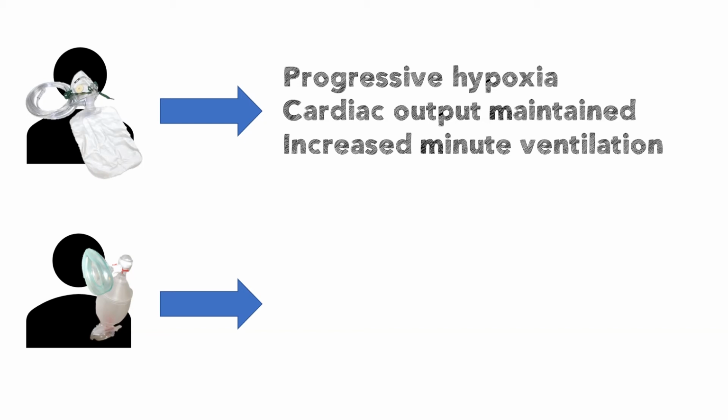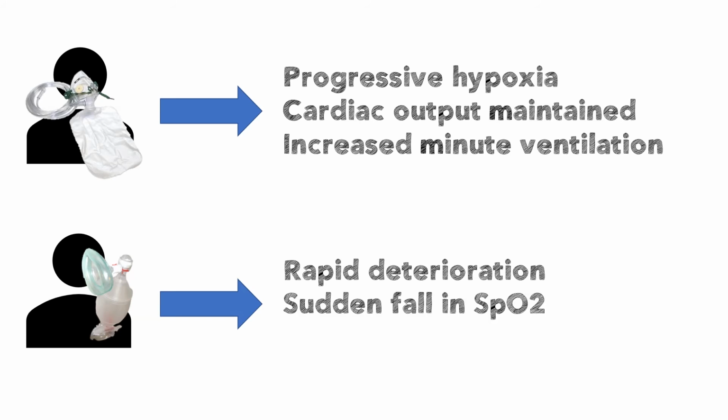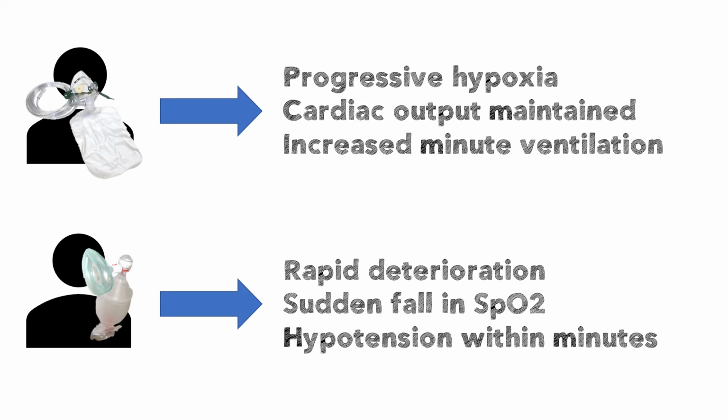And to paraphrase Simon Lee, if you have a hypotensive, spontaneously breathing trauma patient, you should first search for bleeding, because the number one cause of hypotension in a spontaneously breathing trauma patient is bleeding. If the patient's breaths are being assisted by positive pressure ventilation, then they deteriorate rapidly and they might present with a sudden fall in SpO2 and can become hypotensive within minutes.